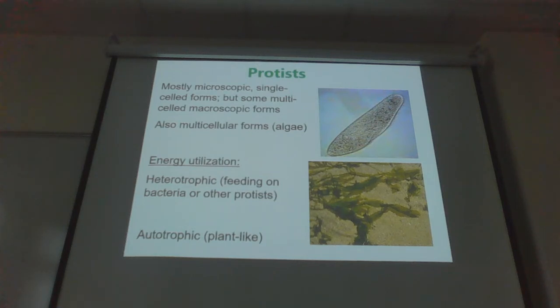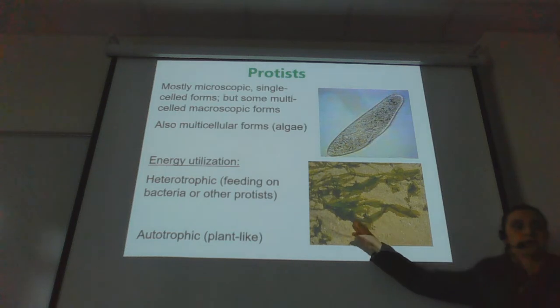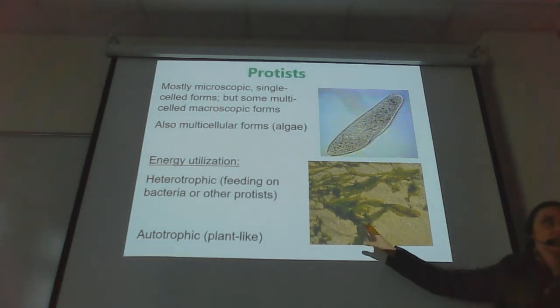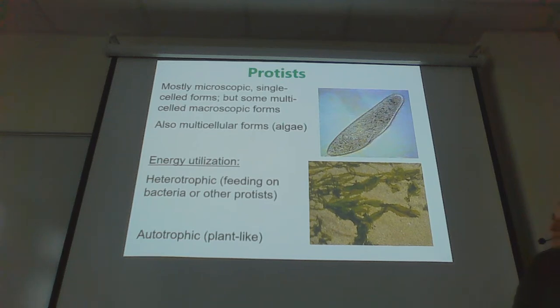But many times, authors like to also put the algae, which are, let's say, the precursors of plants. So I'm putting them here, but in reality, protists are pretty much unicellular organisms, such as amoebas.